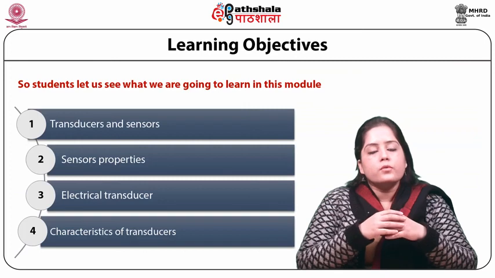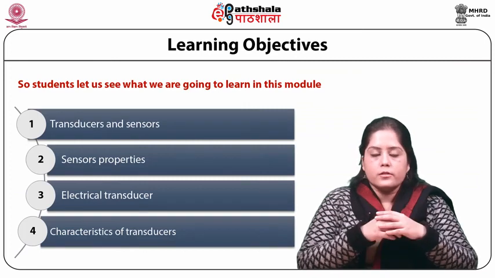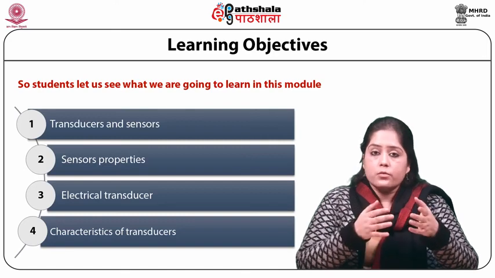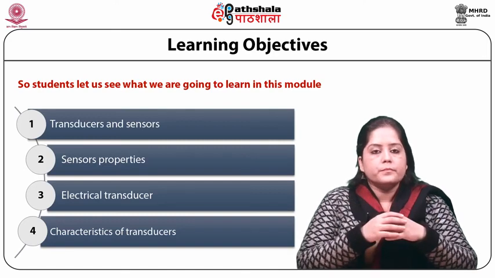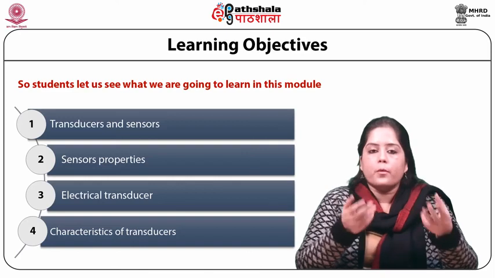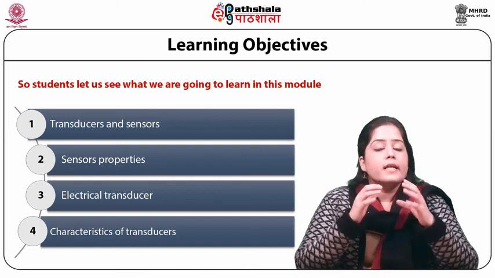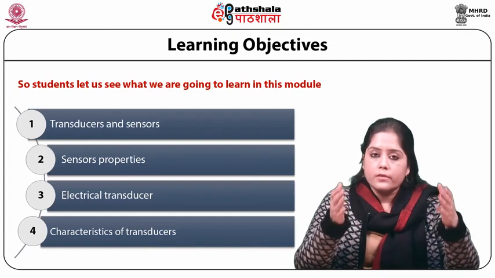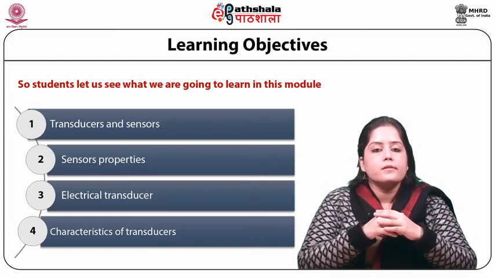Today we are going to talk on the module Sensors and Transducers from the paper Electronics. So students, after completing this module, you will be able to learn transducers and sensors, sensor properties, electrical transducer, the various characteristics of transducers.